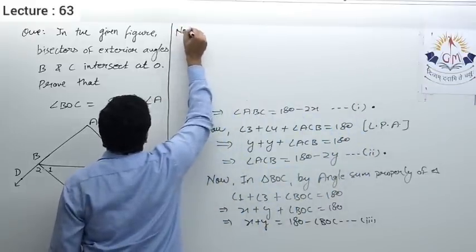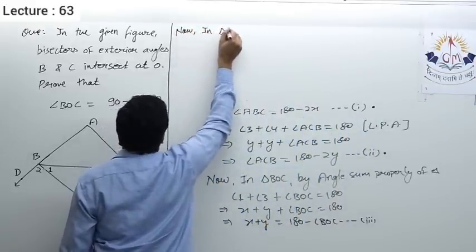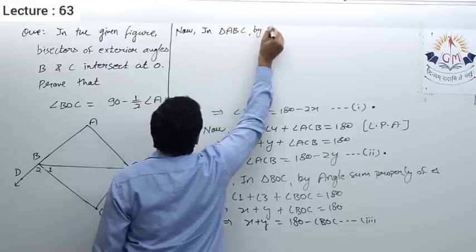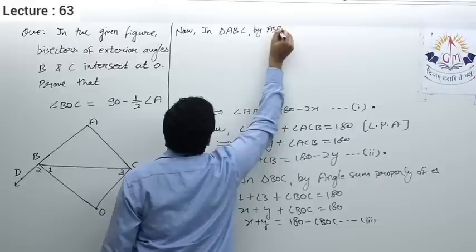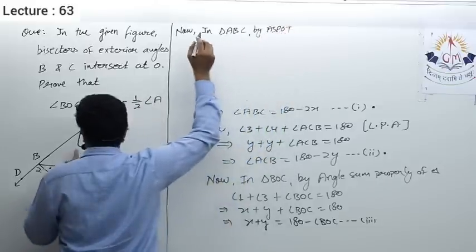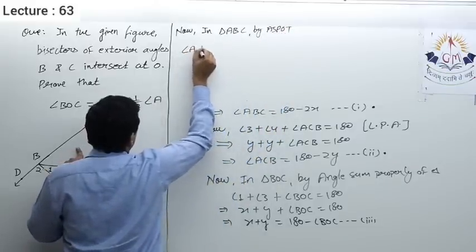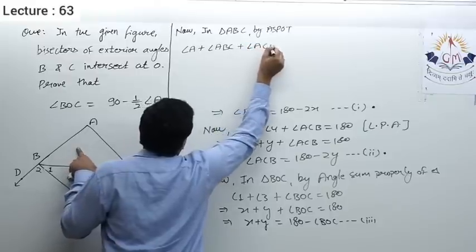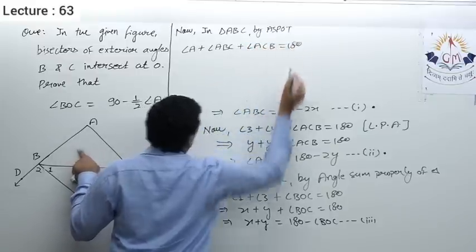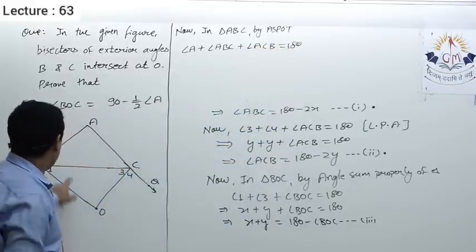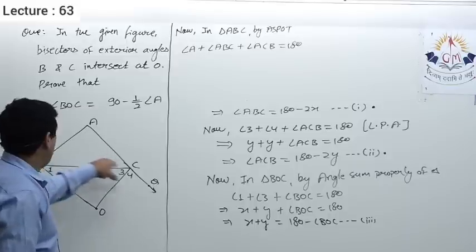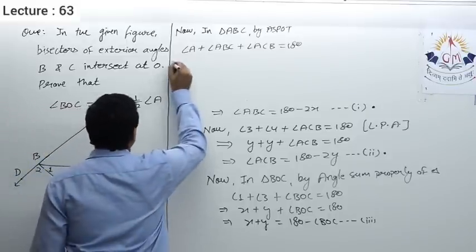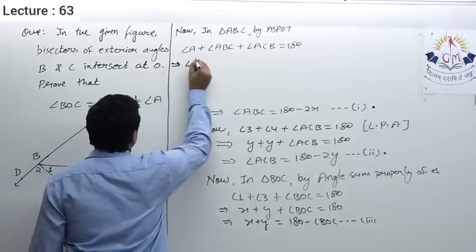Now in triangle ABC, by angle sum property of triangle, angle A plus angle ABC plus angle ACB is equal to 180. Now what I will do next, I will put the values of these two.